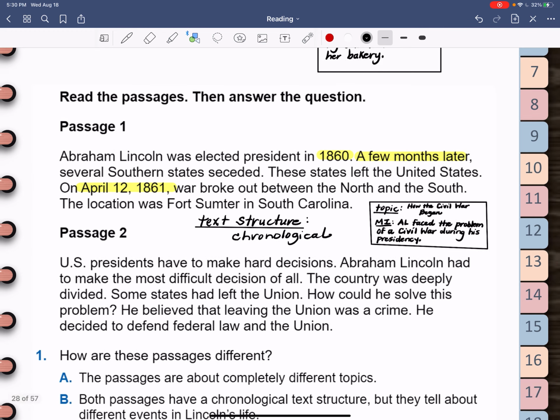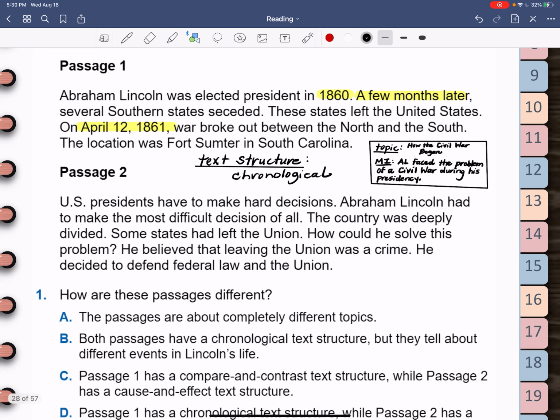Okay, here's passage 2. U.S. presidents have to make hard decisions. Abraham Lincoln had to make the most difficult decision of all. The country was deeply divided. Some states had left the Union. How could he solve this problem?